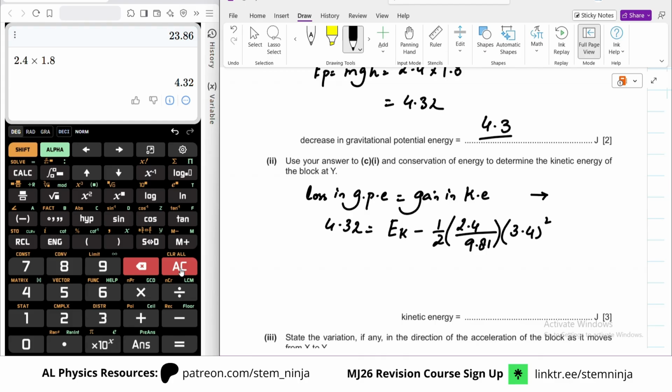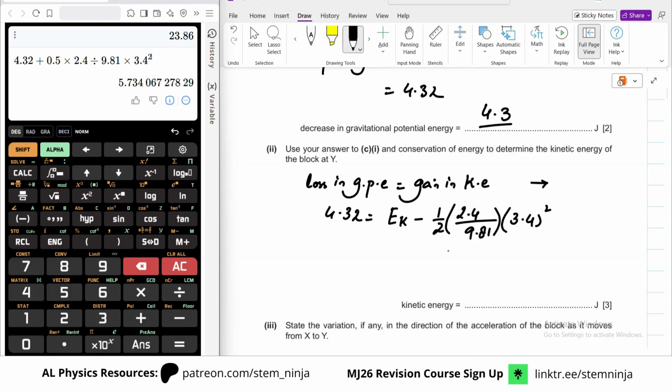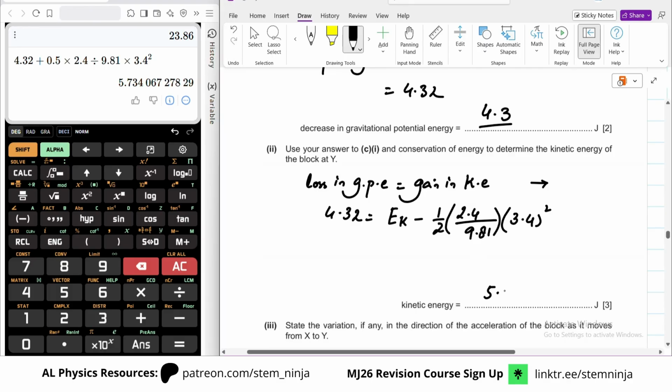Okay, so 4.32 plus 0.5 times 2.4 divided by 9.81 times 3.4 squared. So this is your kinetic energy after, so this is 5.7.